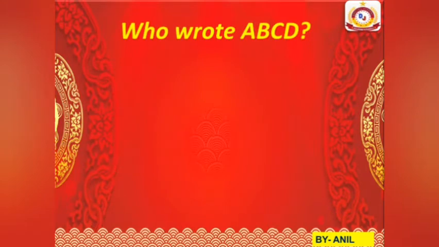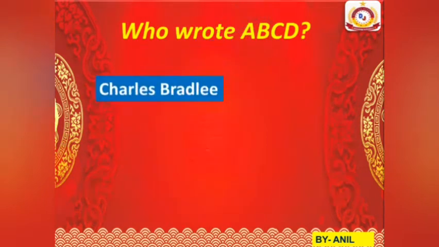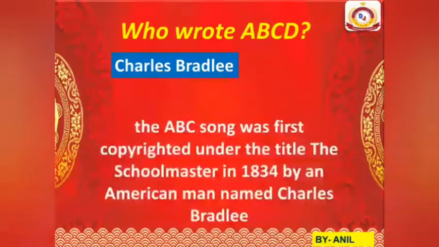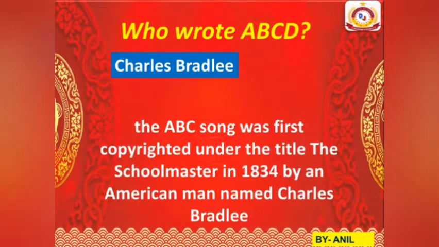The first question is: who wrote ABCD? That is Charles Bradley. This person wrote the ABCD, meaning the A to Z alphabets. The ABC song was first copyrighted under the title "The Schoolmaster" in 1834 by an American man named Charles Bradley.